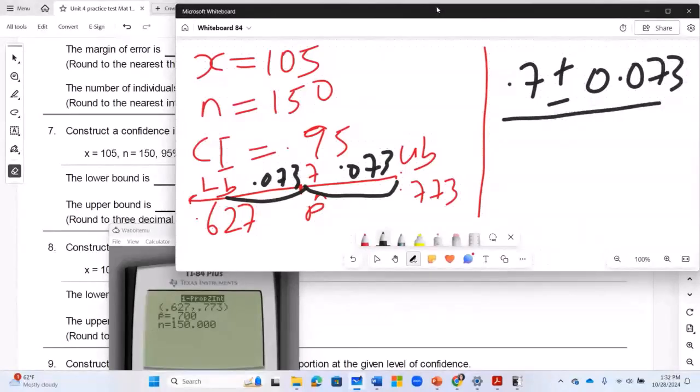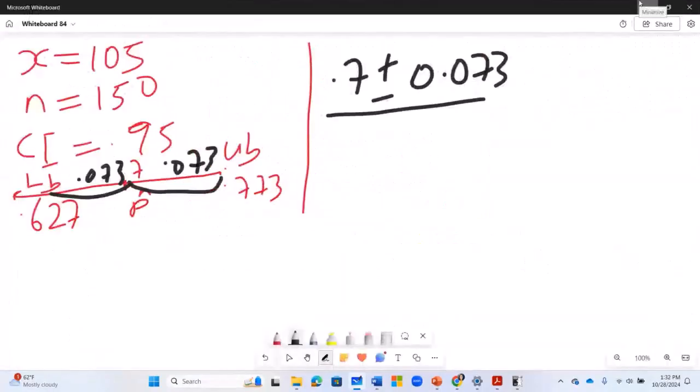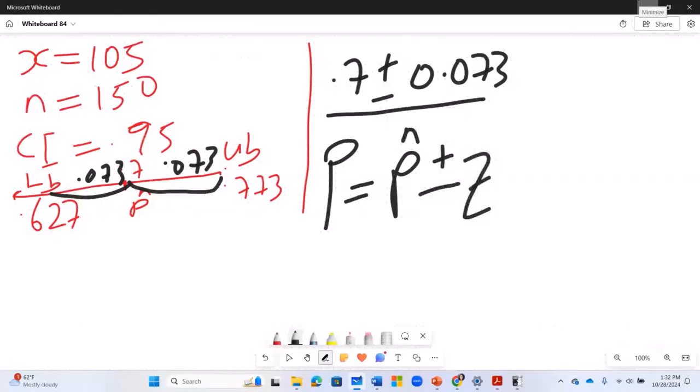And you can actually be told to use the formula. The formula is, we already told you, population proportion is sample proportion plus or minus the critical value, provided the conditions are satisfied.